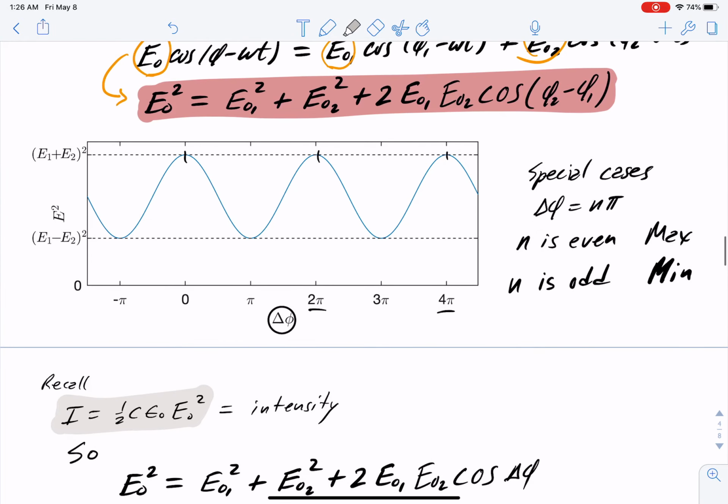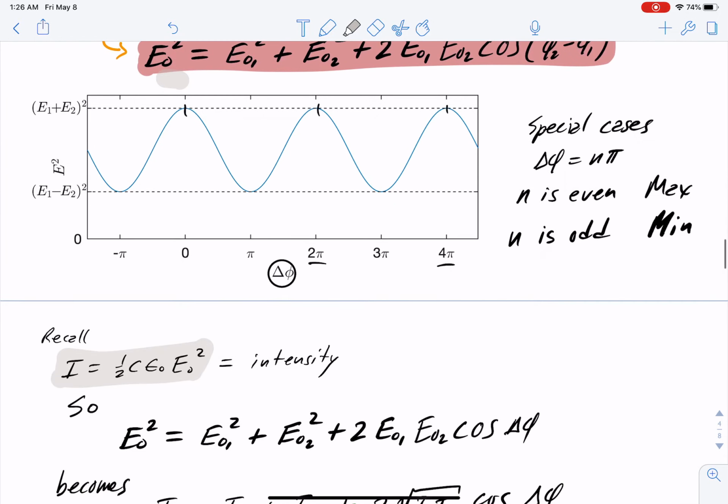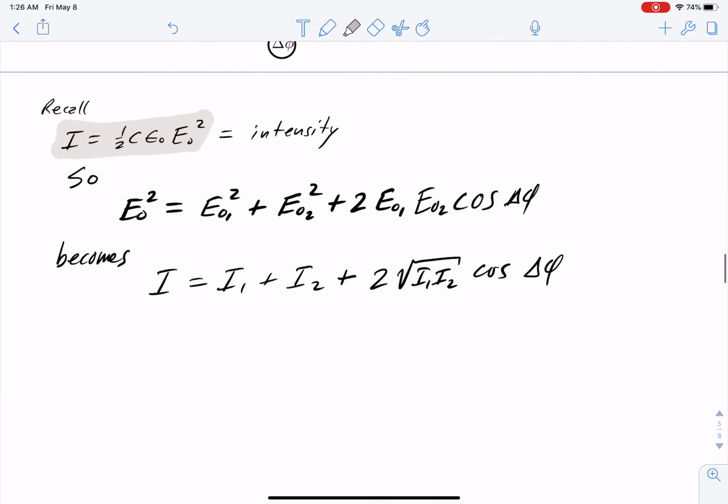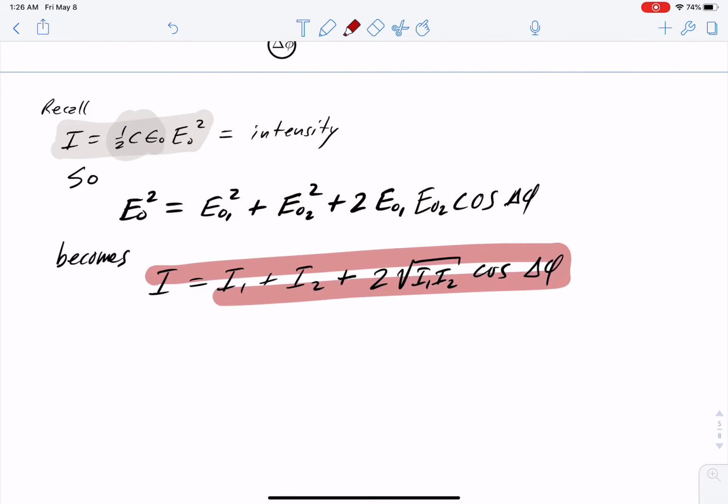And fortunately, this equation up here is in the square. So if we start with this equation and multiply both sides by 1/2 c epsilon naught, we can rewrite it in terms of intensity. So that's that same equation again. We're just thinking in terms of intensity instead of in terms of electric field strength squared.